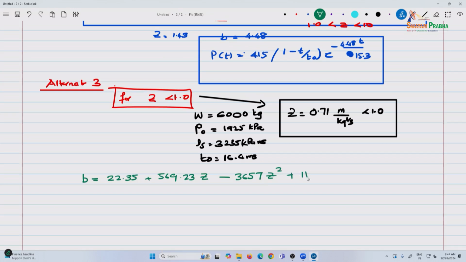But you see, this is 11, I'll just put it without the decimals, Z cubed. Maybe because Z is less than 1, they are going beyond. 22101.2 Z power 4. It keeps going. You have to be patient. No, I'm just joking.